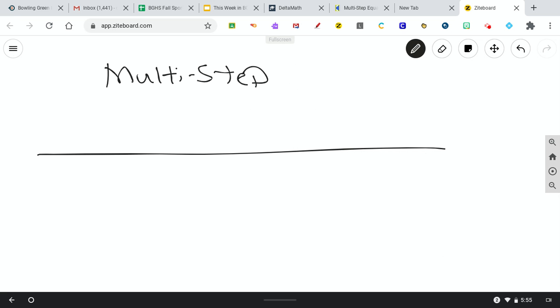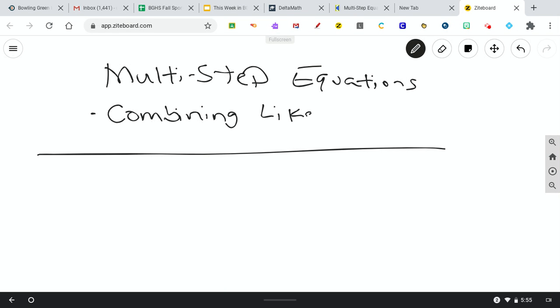I got ahead of myself. These are multi-step equations. I apologize. And we're actually combining like terms. Sorry about that. I got ahead of myself there.